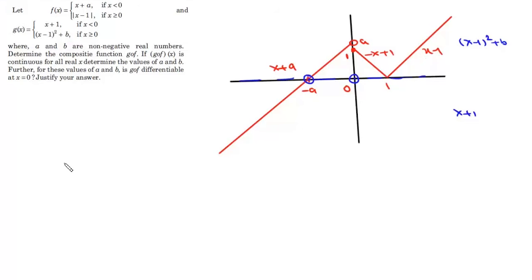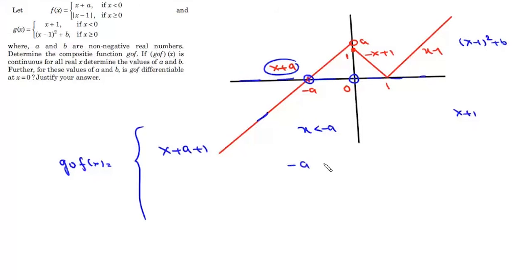So we'll start writing g of fx. Now the first one is when x is less than minus a, the definition is x plus a, and it goes in this x plus 1. So it will be x plus a plus 1. Now the second one is when x lies between minus a and 0. Here again this is x plus a and goes in x minus 1.